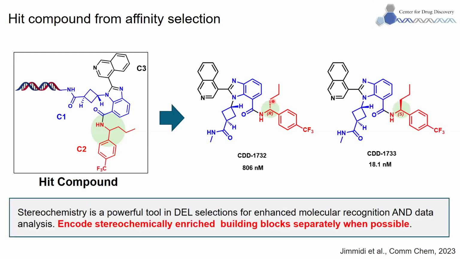Then when we synthesized the other enantiomer, we saw around 18 nanomolar activity, which is more than 45-fold better compared to 1732. This demonstrates how important the stereochemistry is. Being a chemist, when I see this kind of thing, it feels great. You can see the difference between the enantiomers, which is real.